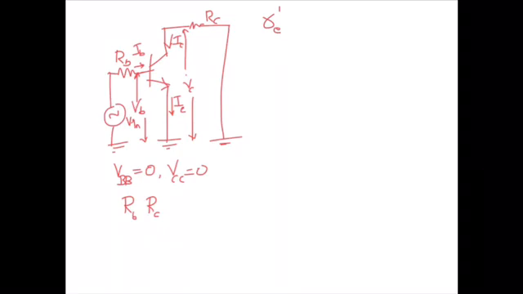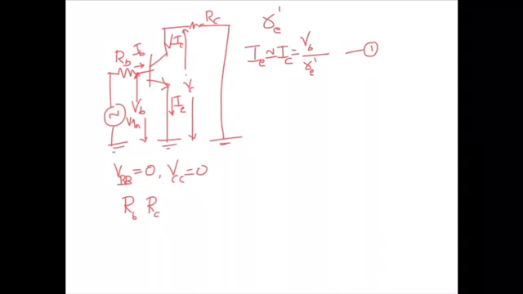Now we can write the AC emitter current IE, which is almost equal to IC, as the voltage divided by the resistance. The voltage to consider is the base voltage, so VB divided by the AC emitter resistance RE bar. Let us take this as equation number 1.